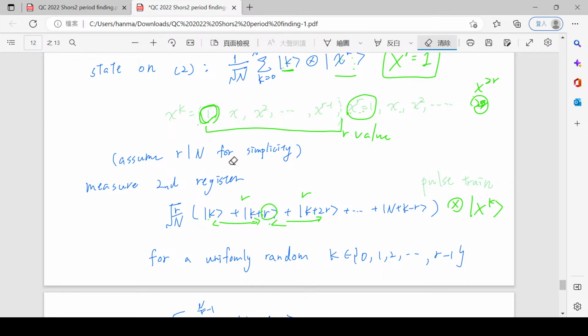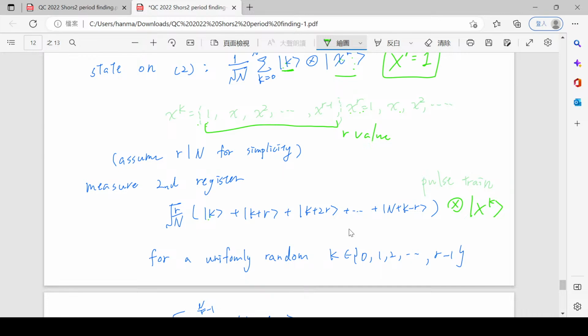So here is the hard part. Does everyone follow this projection or collapsing? Okay. Let us look at this. This is the state we get.